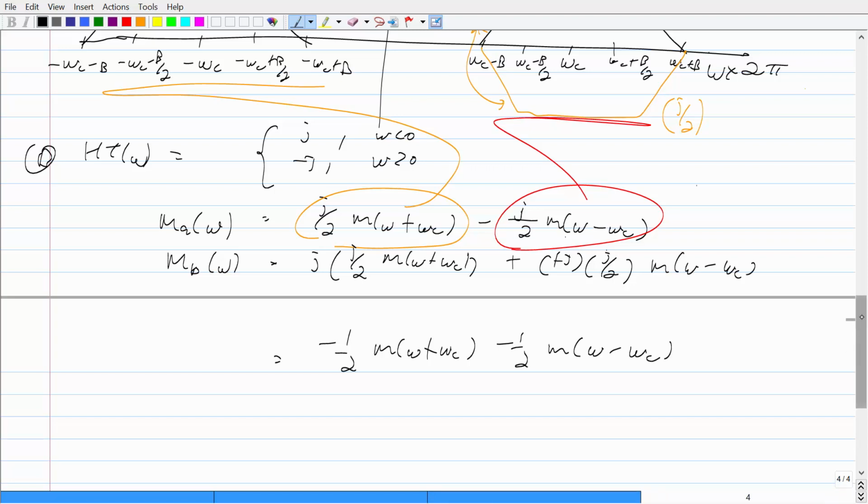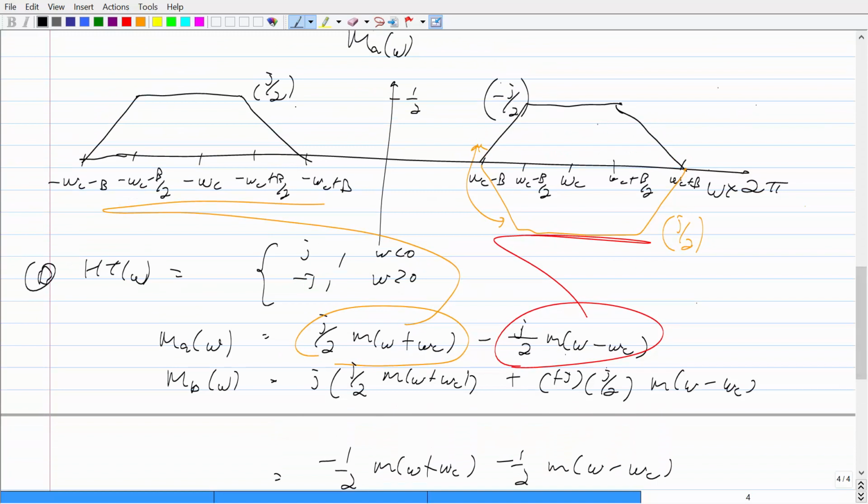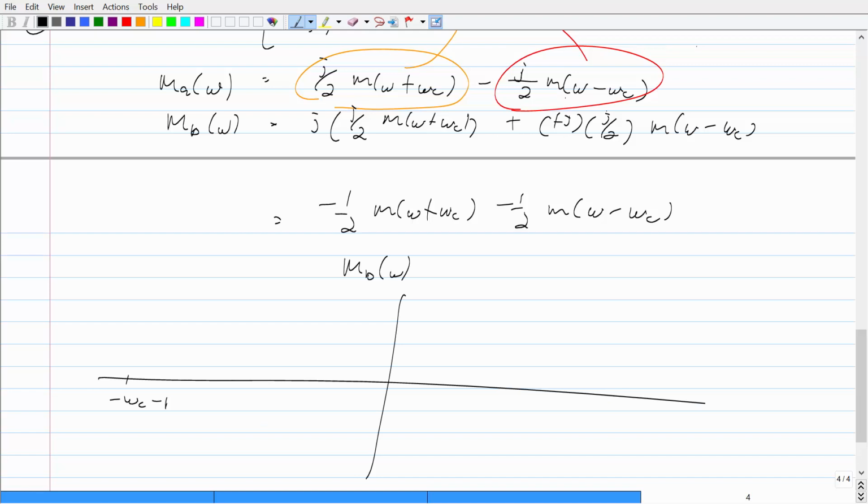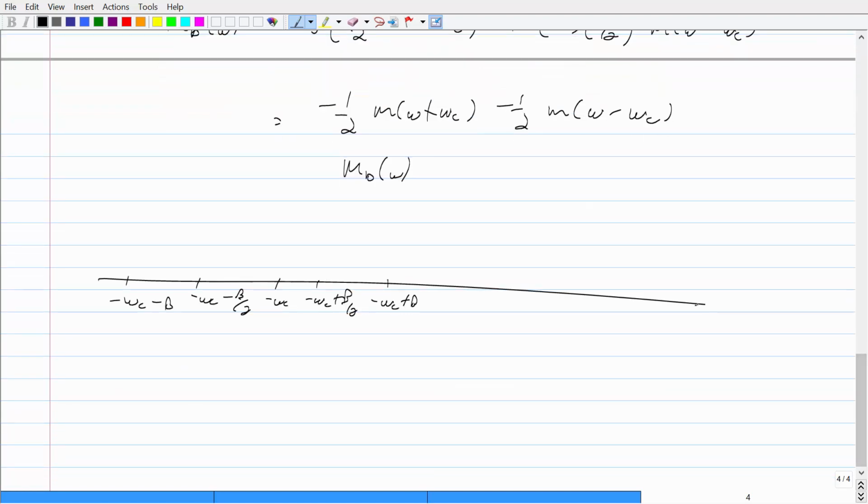So basically what you're going to do is take this one and just flip it so that they go all below, which are minus 1/2. That's all you're going to do. Maybe it looks like this. So minus omega c, b, and then this is b over 2. Okay, I'm going to change this, obviously. And then split this up. So we have omega c minus b, and then omega c minus b over 2.